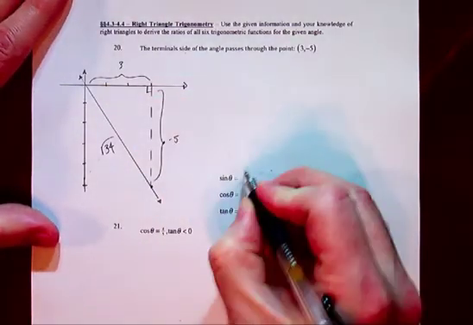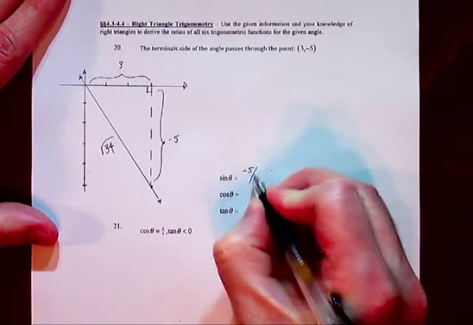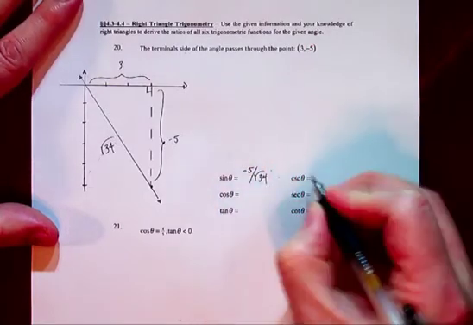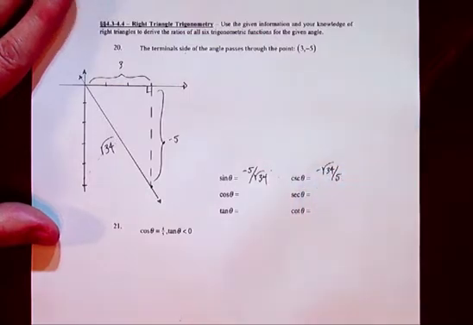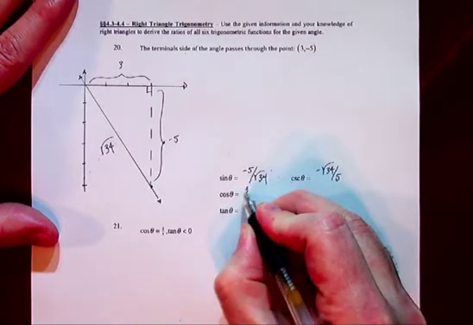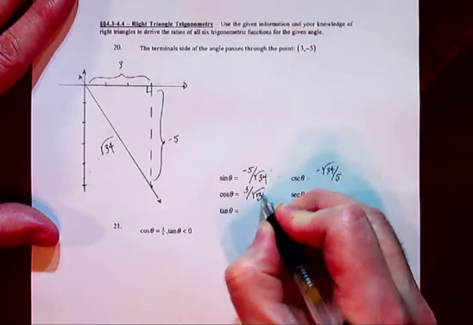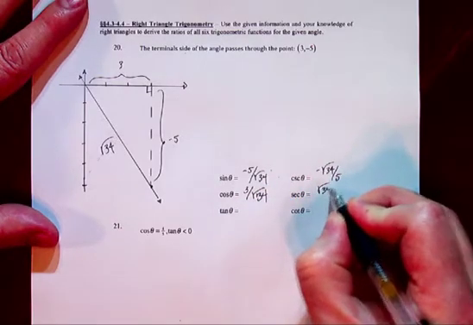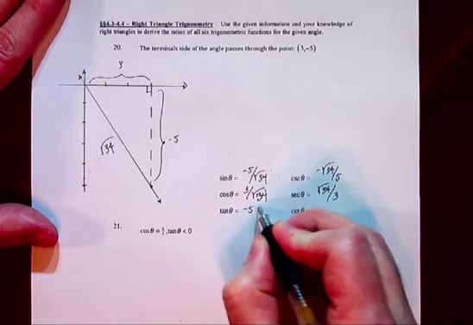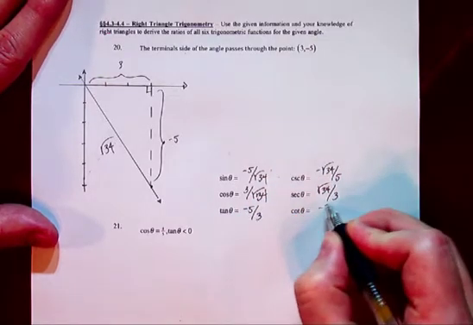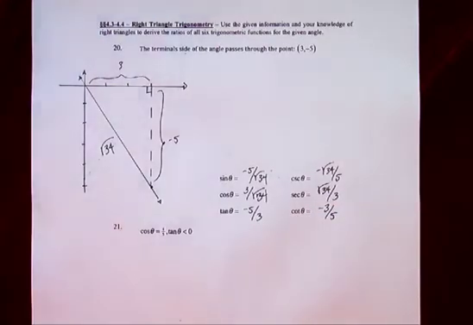And we have opposite over hypotenuse, hypotenuse over opposite for cosecant. We have adjacent over hypotenuse and hypotenuse over adjacent. And then we have opposite over adjacent and adjacent over opposite for our cotangent.